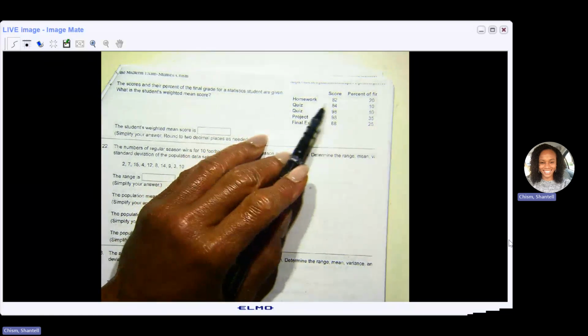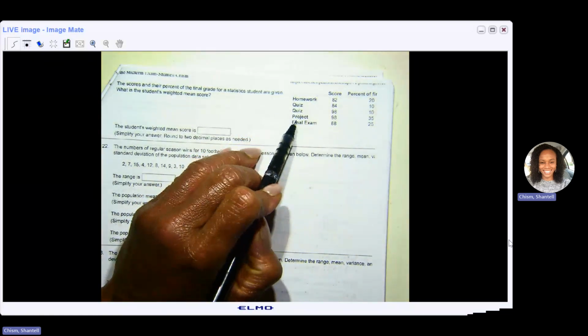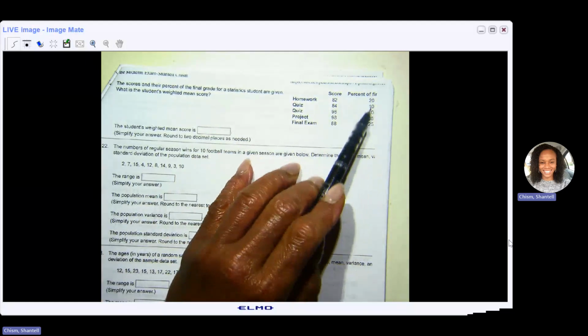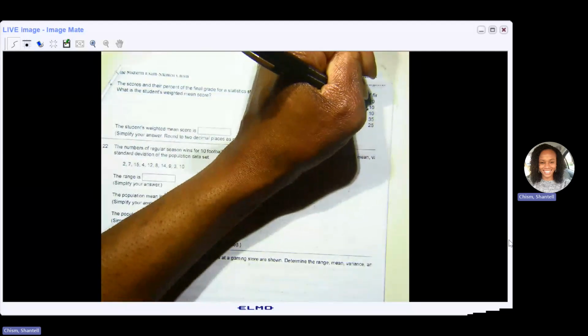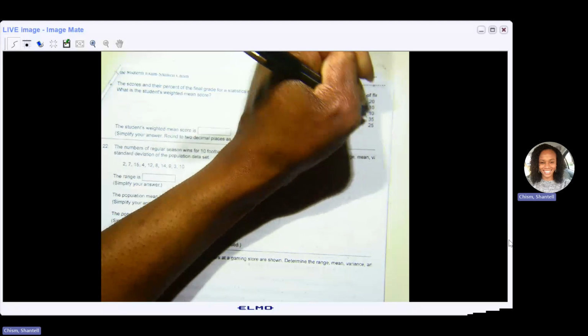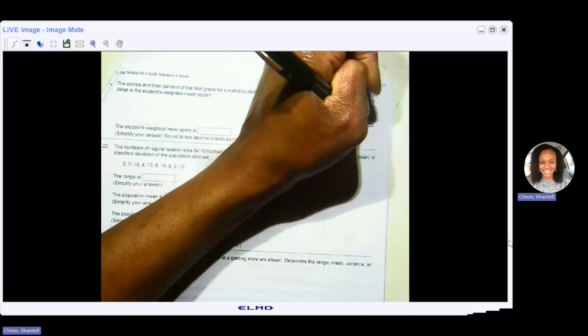Moving on. Number 21, we're asked to find the weighted mean. Okay. So here you've got the scores for homework, quiz, project, final exam, and then how much each of these assignments counts towards your final grade, the percent towards the final grade. So we're going to change these to decimals. So 0.20, it was 20%, so it's 0.20, 0.10, 0.10, 0.35, 0.25.